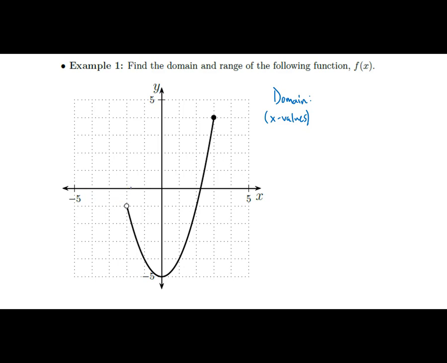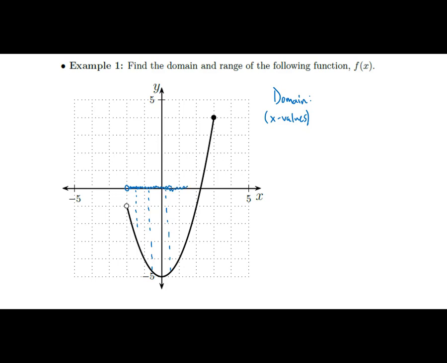And it's not until I hit -2 that I begin to see a part of the graph. Now we do have this open circle right here, so I'm going to go ahead and just put that there. But then from this open circle onward, for every one of the x values past that open circle, I will be able to find a point on the graph that corresponds to it.